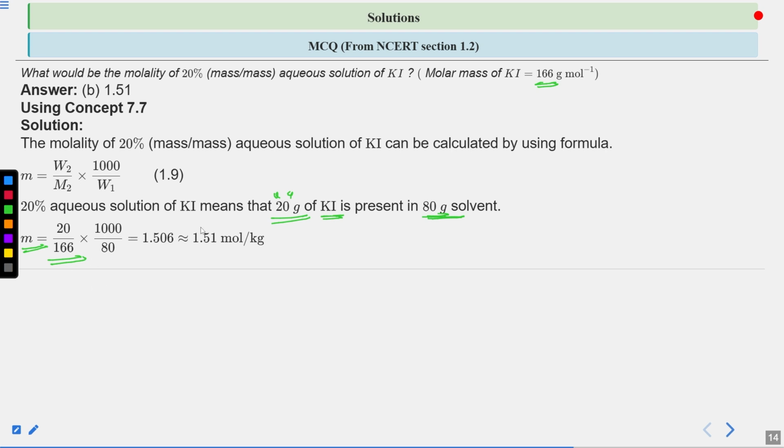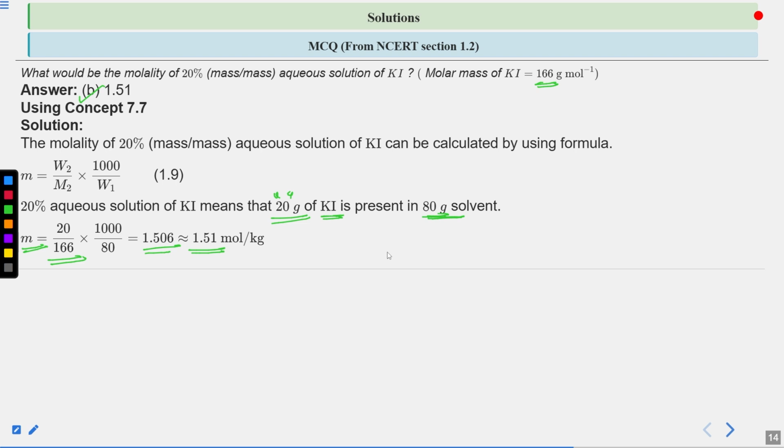Solving that fraction, it equals 1.506, which is approximately 1.51 mole per kg, to match the correct answer. So 1.51 mole per kg is the final molality we determine from the 20% mass by mass aqueous solution of potassium iodide. Hence, the correct answer is option B.